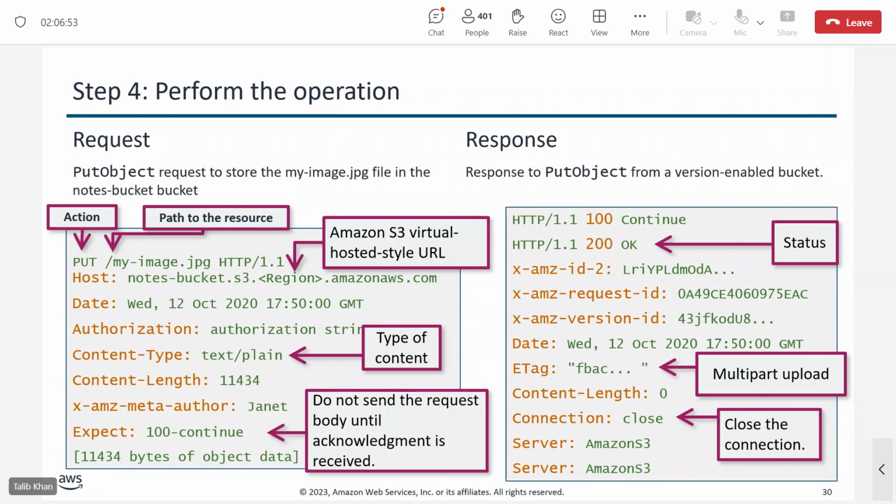Parameters in the response are used to specify whether the connection is closed or whether an object was uploaded into a versioning enabled bucket. Various things are there, like your ETag header.